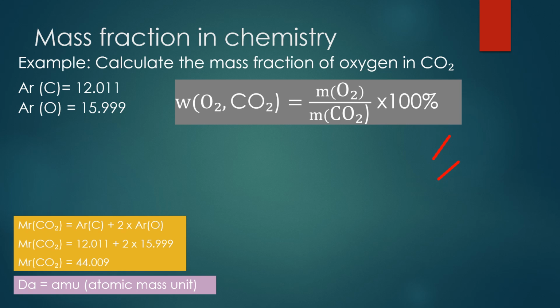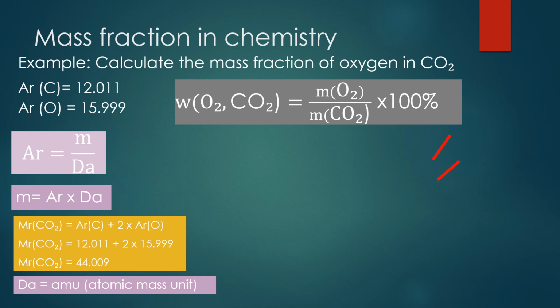Next step. What's next? By now, we should know that relative atomic mass is equal to the mass of that chemical element divided by Dalton. When you rearrange the formula, the mass of that element will be equal to relative atomic mass times Dalton.